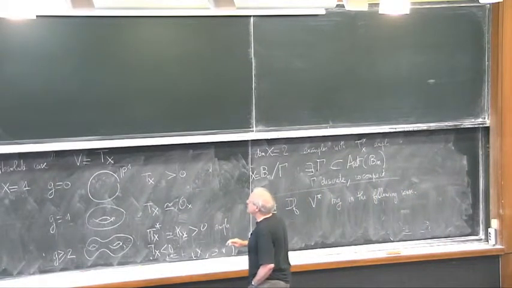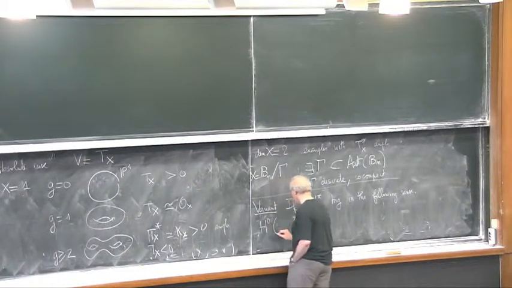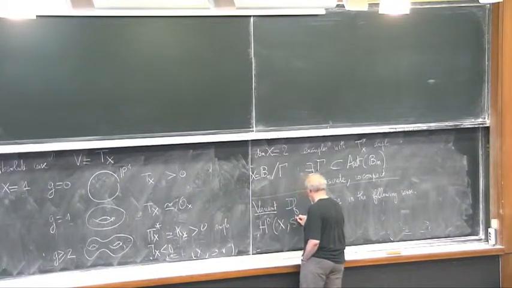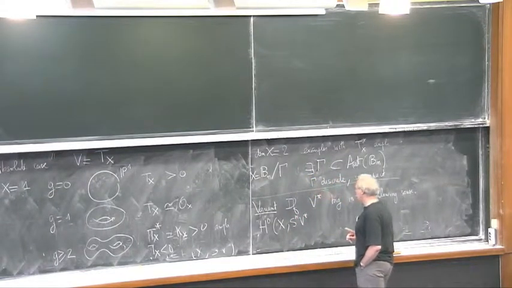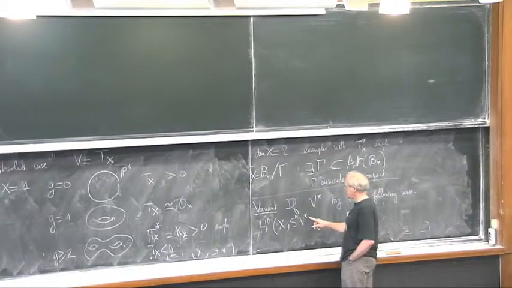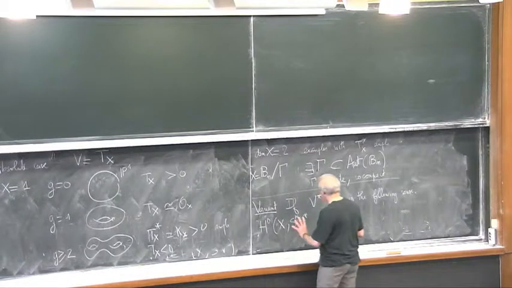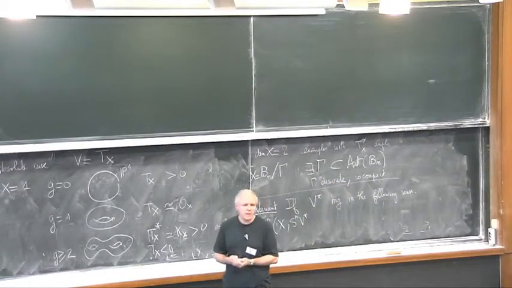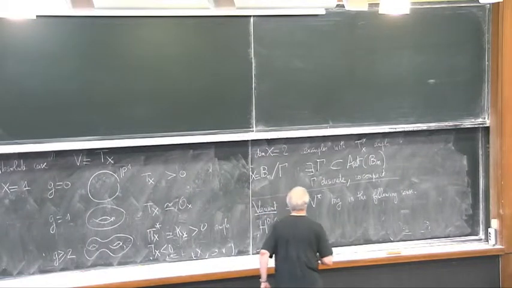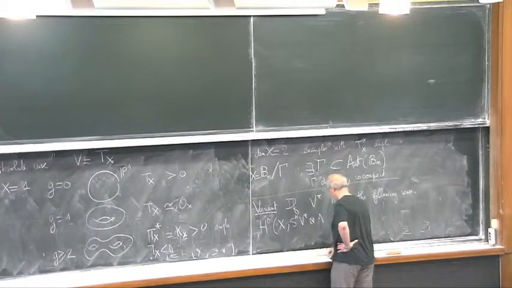If you look at sections of symmetric powers, then you can untwist by something which is ample, negative.